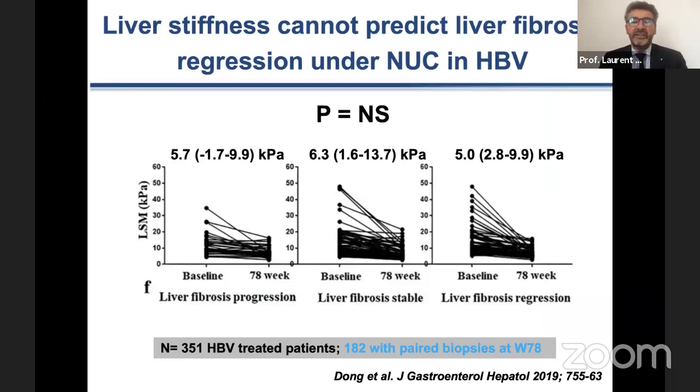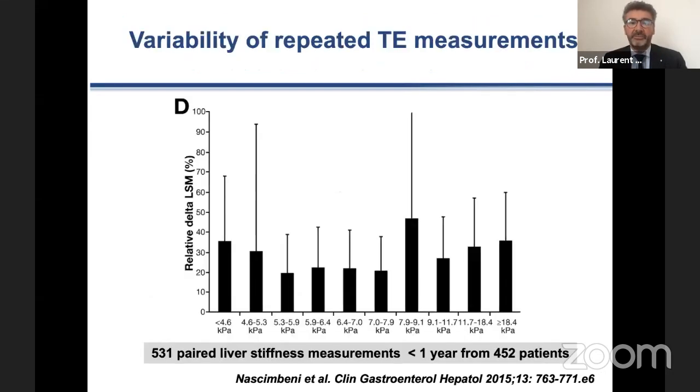Basically, you can see whether there's liver fibrosis progression, stable fibrosis, or regression. There was a decrease, but no significant difference between the three groups. So in other words, liver stiffness cannot currently predict liver fibrosis regression under NUC in HBV because of inflammation.